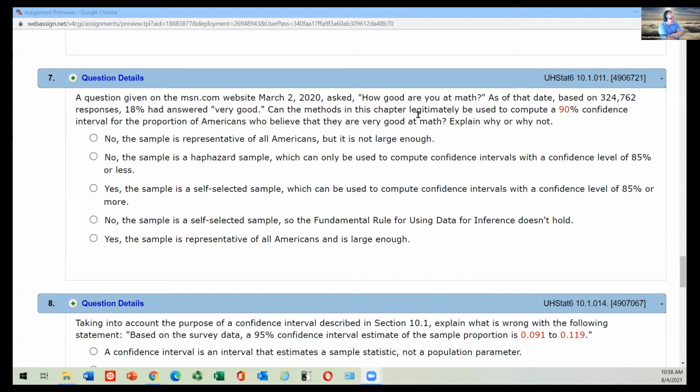Can the method of this chapter be used to find a 90% confidence interval? The answer is no. And the choices are .1, .2, or .4.